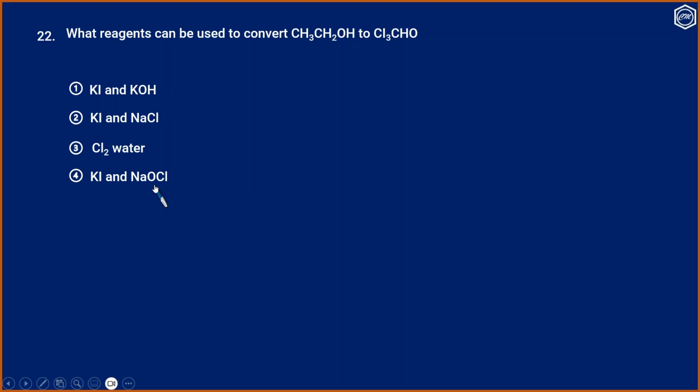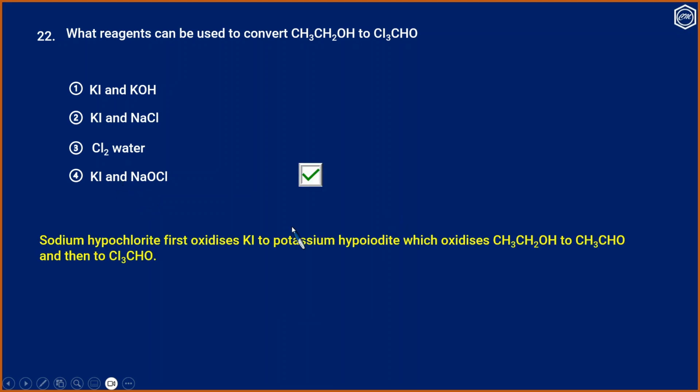Option 4, potassium iodide and sodium hypochlorite. So option 4 is the correct answer. Sodium hypochlorite first oxidizes potassium iodide to potassium hypoiodite, which oxidizes ethanol to acetaldehyde and then to triiodoacetaldehyde.